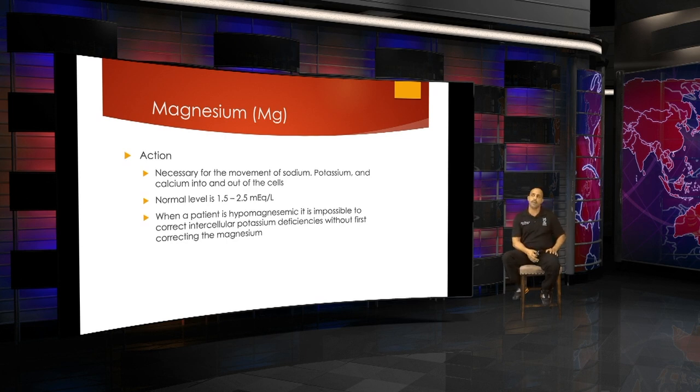So look at the range though. The normal range of magnesium is 1.5 to 2.5. So once again, that's real small. That's a low number. Where is it? Intracellular. Low numbers are intracellular. All right. So when a patient is hypomagnesemic, meaning low, that means we don't have that guy out there. If that guy's not out there to let you into the club, guess what?